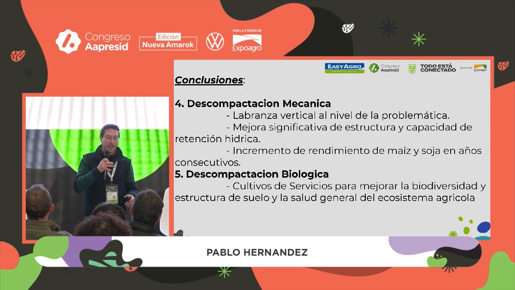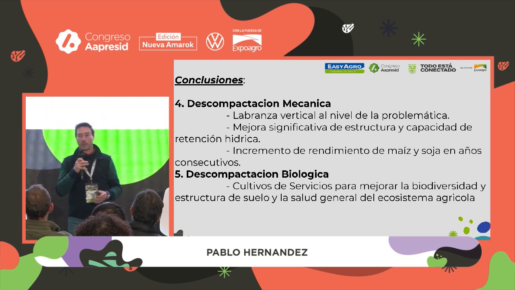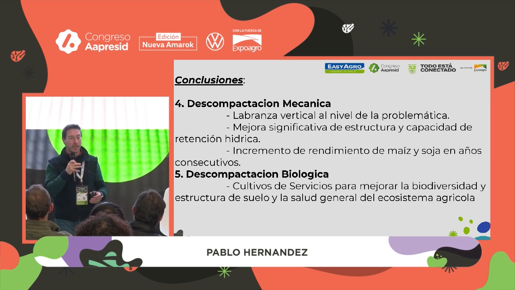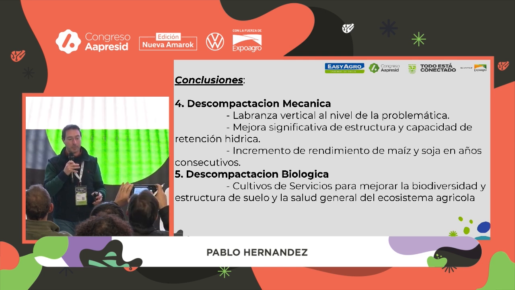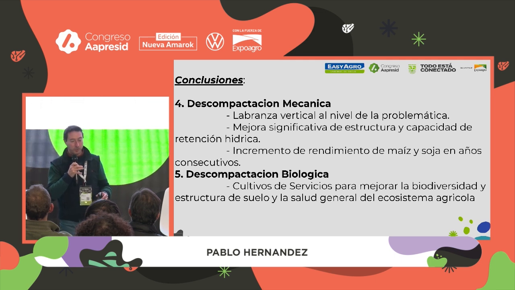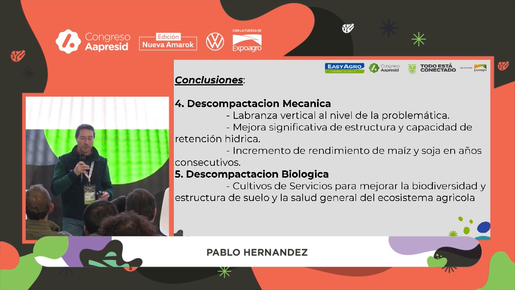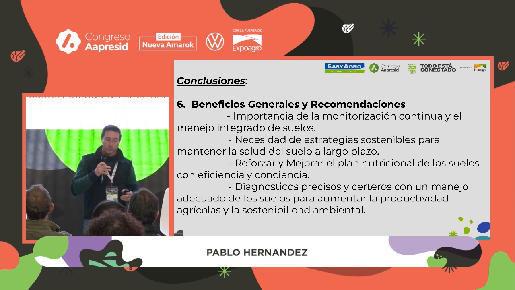We can see that the mechanical decompacting with vertical tilling, when there is a problem, is a solution. We can see that the solution needs to be accompanied by management. There is a significant amelioration of structure and the capacity for water retention and more yield in maize and soybean later on. And with the biological decompacting, these service crops allow for the betterment of biodiversity.